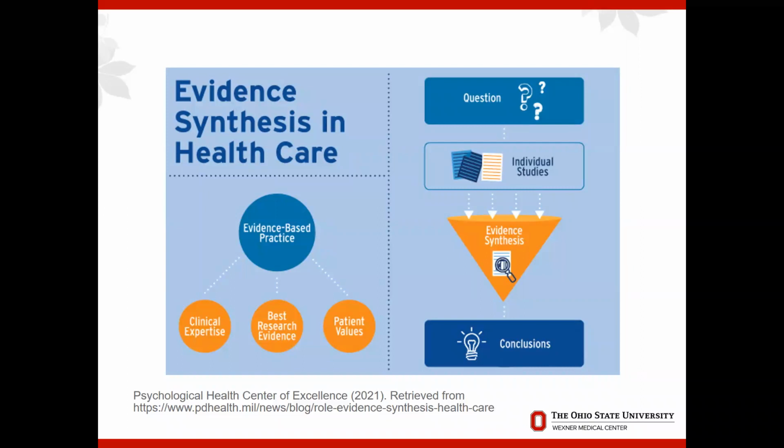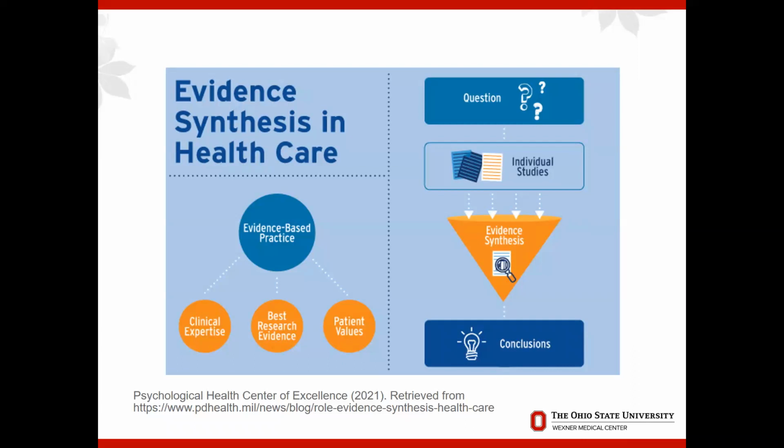And so when we look, though, on the right-hand side of this diagram, as you guys have practiced developing, you start out with your clinical question. Sometimes we might refer to that, of course, as a PICO question. And to answer that question, you try to identify relevant studies that could help you think about your question.